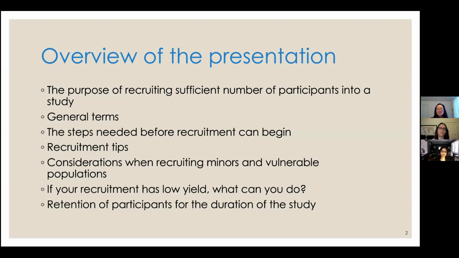And Jennifer is an expert in recruiting minors and vulnerable populations, so she'll talk to you about that. And we'll touch upon what will happen if you do have a low yield in recruitment. What can you do? And of course, retention of participants for the duration of the study. We'll talk to you about that as well.